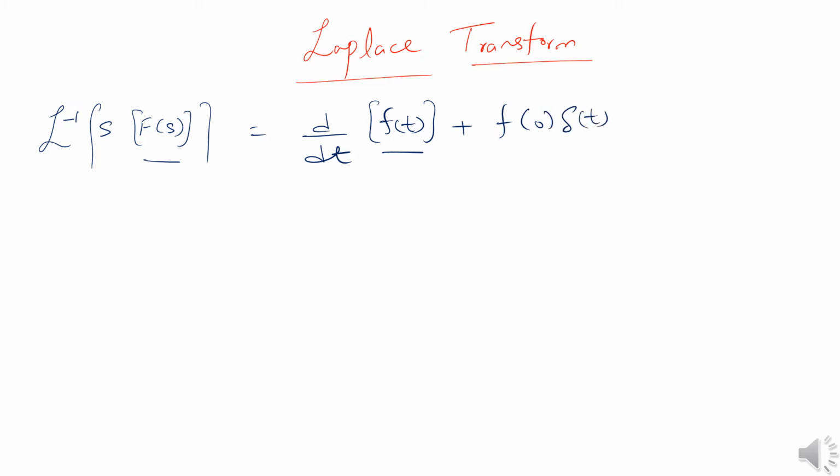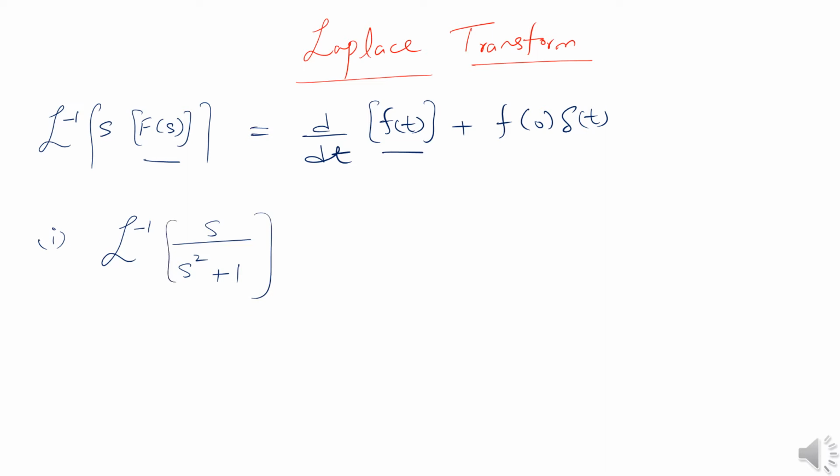Now we will use this property for solving some questions, and we will learn how to solve inverse transforms using this property. Let's take an example. We have to find the inverse transform of s over s squared plus 1.